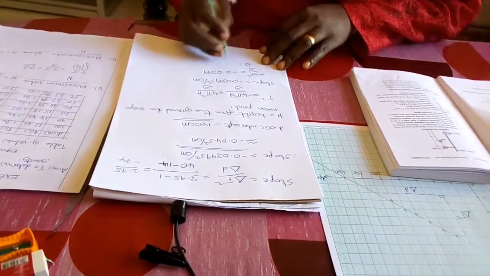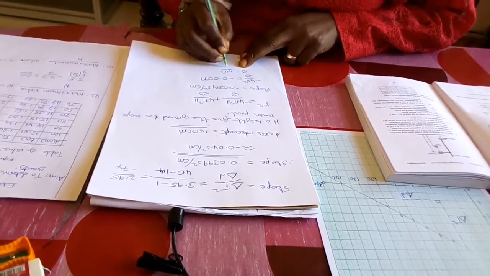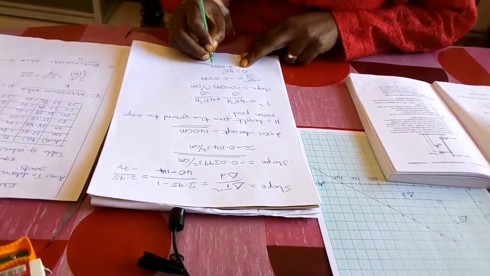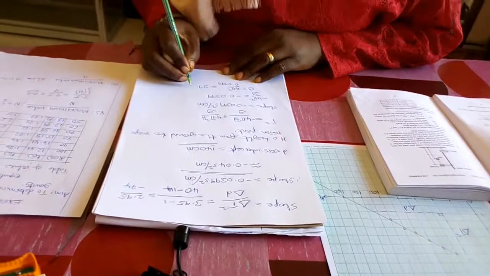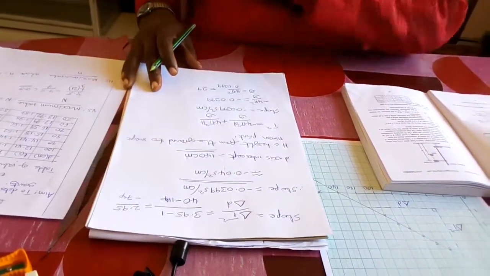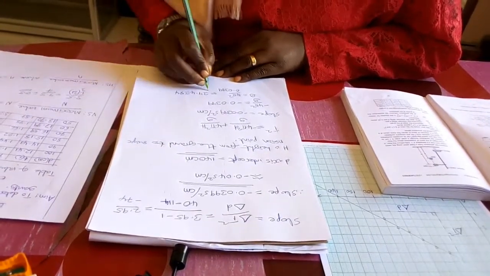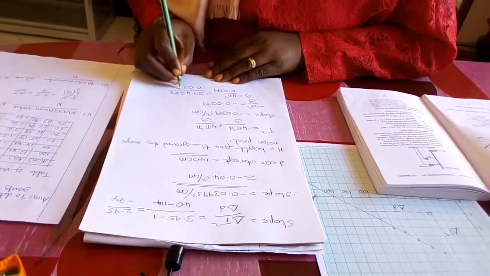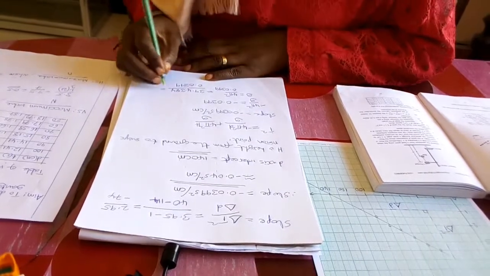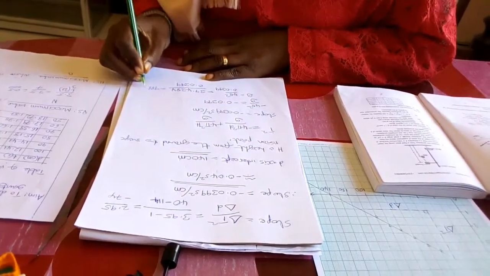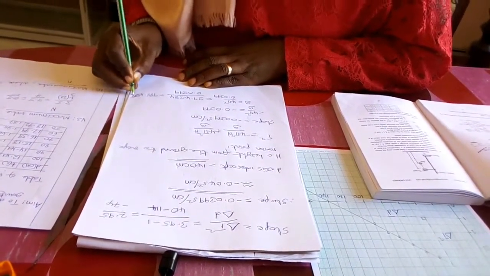Making g the subject, negative and negative cancel out. g is 4 pi squared divided by 0.0399. This gives 39.4384 divided by 0.0399, which makes 988.43 in centimeters per second squared.